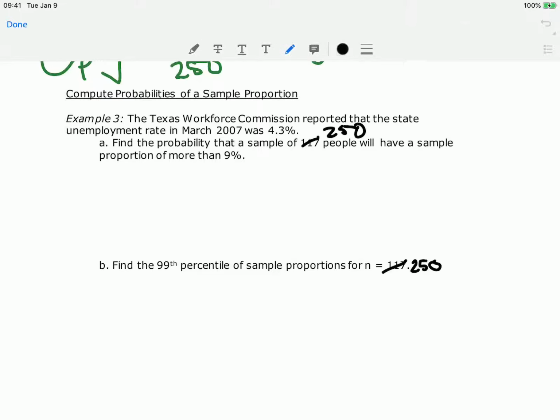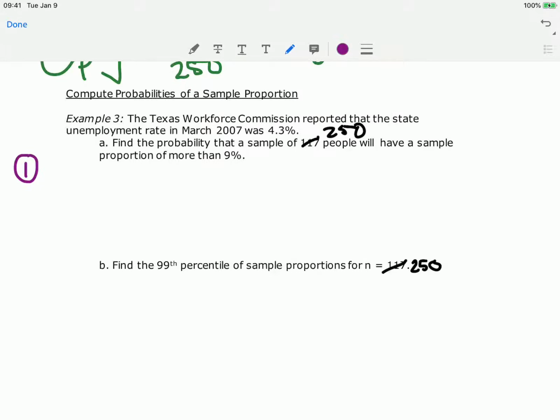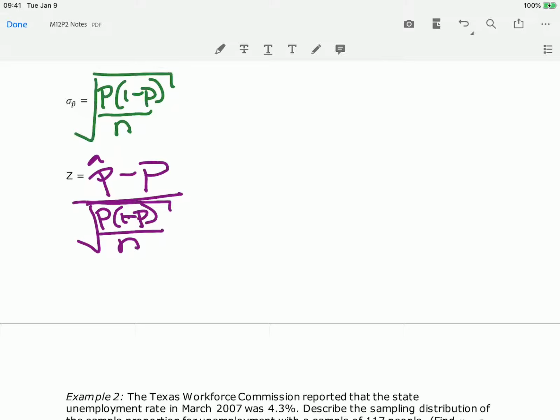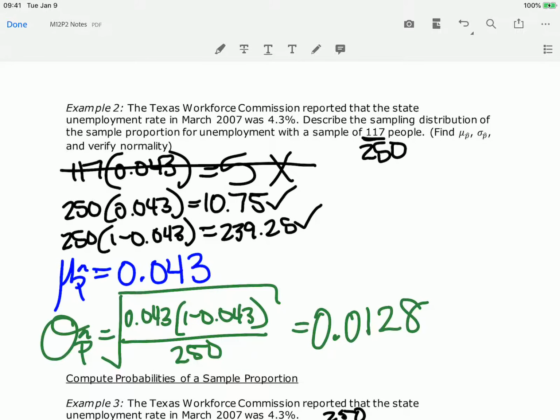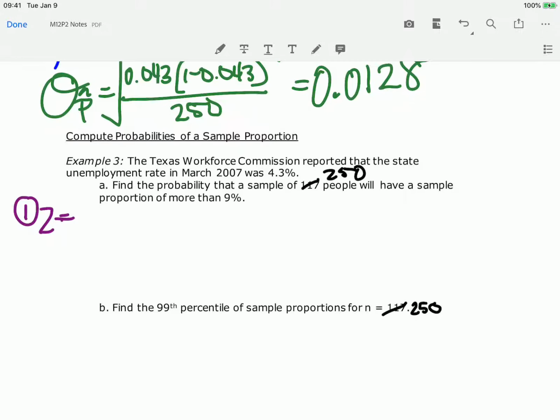So now we're going to follow our 4 steps. So step 1 is to calculate our z-score. So z equals, I don't have room to rewrite the formula, so I'm just going to go back up to it real quick. P hat minus P divided by the standard deviation. So we found P and we have the standard deviation. We found those in this problem because all of our values are the same. But we need to find, oh, here we go.